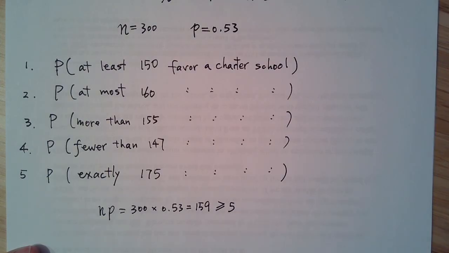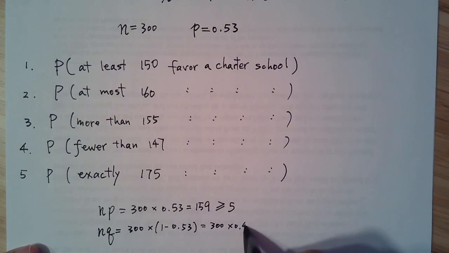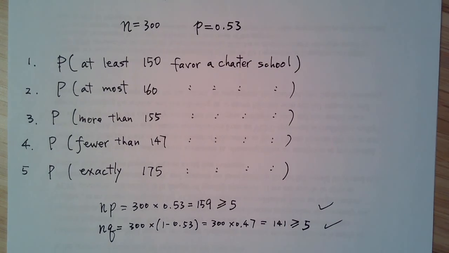So it's greater than or equal to 5. And NQ will be 300 times 1 minus 0.53, which is 300 times 0.47. That's 141. And it is also greater than or equal to 5. So both conditions are okay. Therefore, we can use normal approximation to binomial.